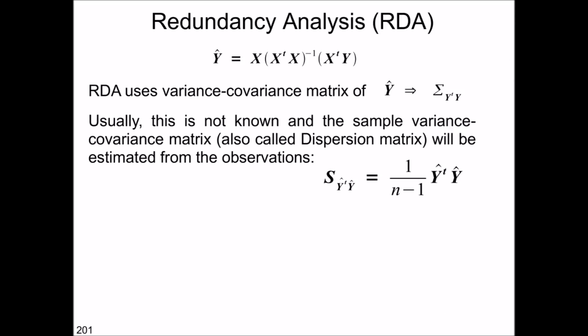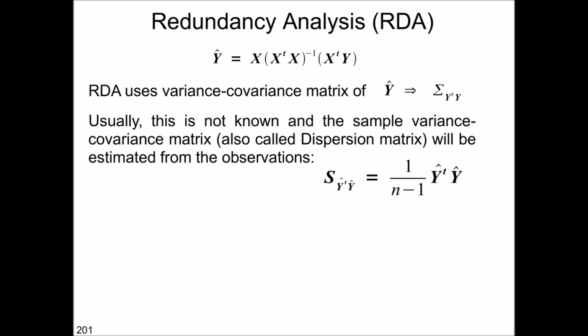So how is it done? We don't go into complete technical details on this issue here, because much of the technical background has been discussed already in the context of PCA. And just to give you an idea where multivariate multiple regression and PCA are linked, RDA uses the variance covariance matrix of the fitted Y matrix.